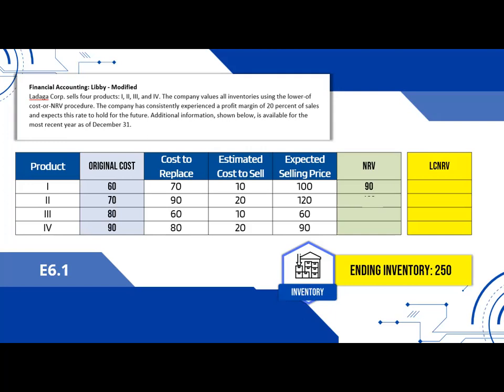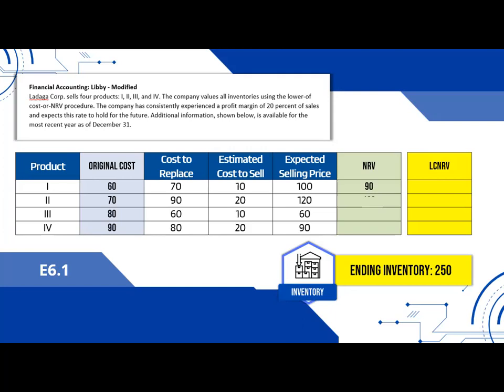So 100 minus 10. So sabihin na sa akin, ano po yung cost to release? Wala, panggulo. Right? So NRV is just expected selling price minus expected cost to complete minus estimated cost to sell. So now, ano yung LCNRV of product 1?